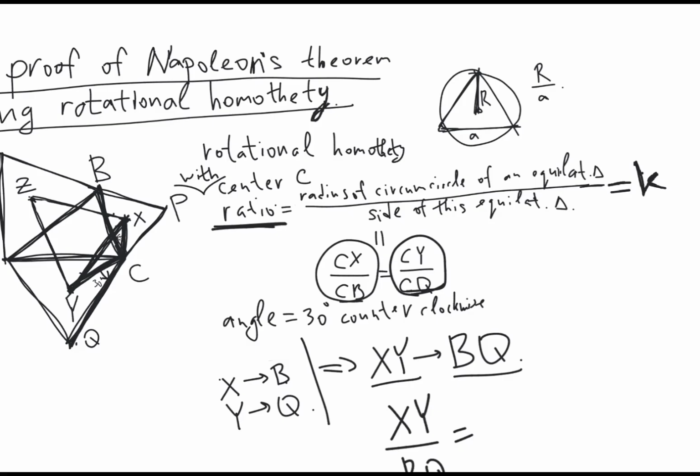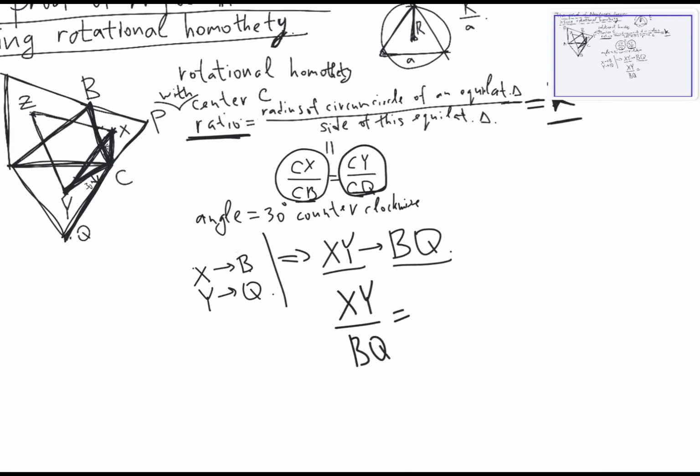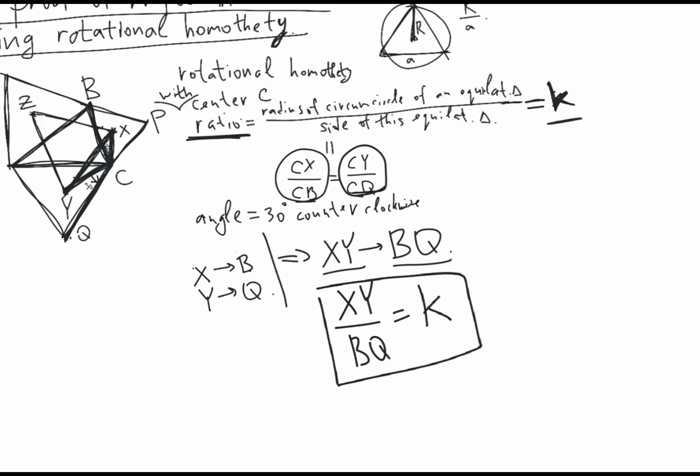Again, it's a specific number, like either square root of 3 or whatever else. It doesn't matter what this number is, but it is a specific number. So the ratio of these segments is equal to K. So that's what we proved.